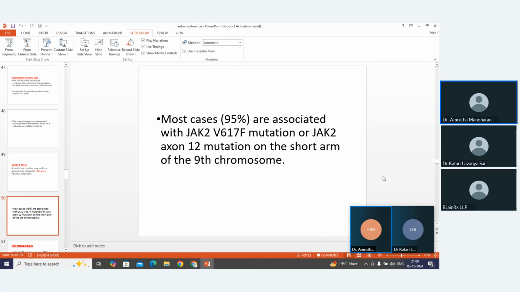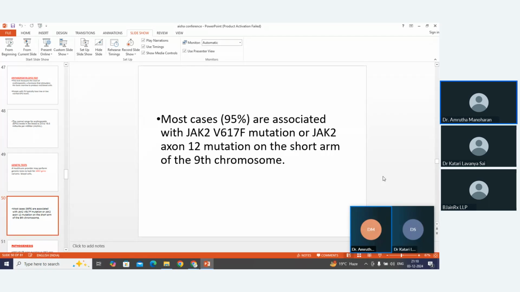So we have said the investigations of polycythemia. The first one is the CBC, complete blood count. You can see hemoglobin, MCH, MCHC, and the other blood parameters. Next, check the peripheral smear. Next, a bone marrow test is to be done. Next, check the hematocrit, the percentage of red blood cells in the blood, and next, the erythropoietin level.